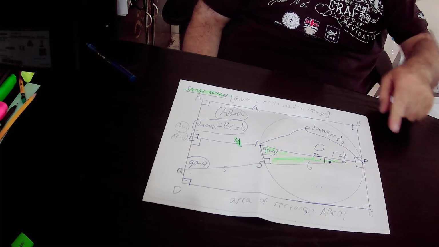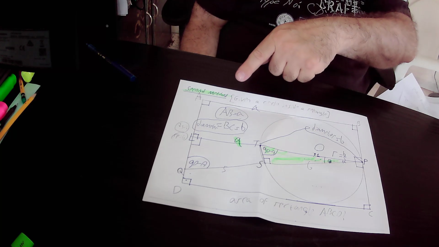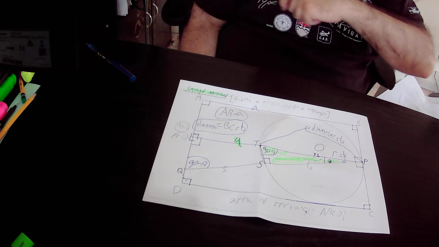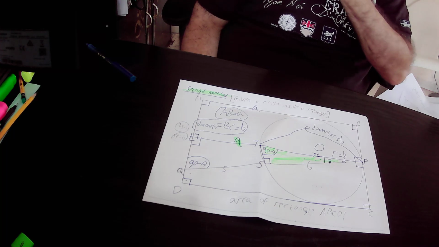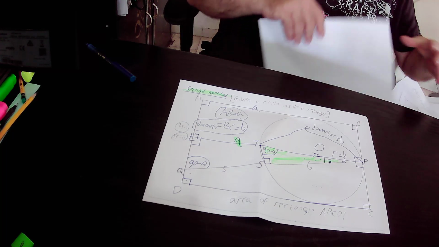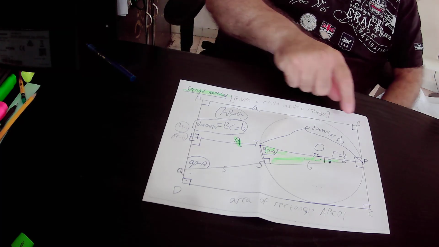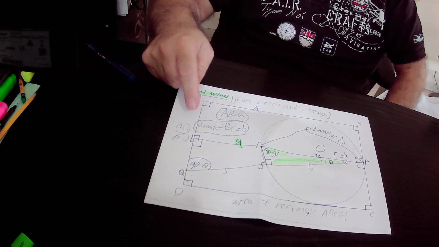We extend the straight line PO until it intersects with side AD of rectangle ABCD. So here we have quadrilateral ABPL.